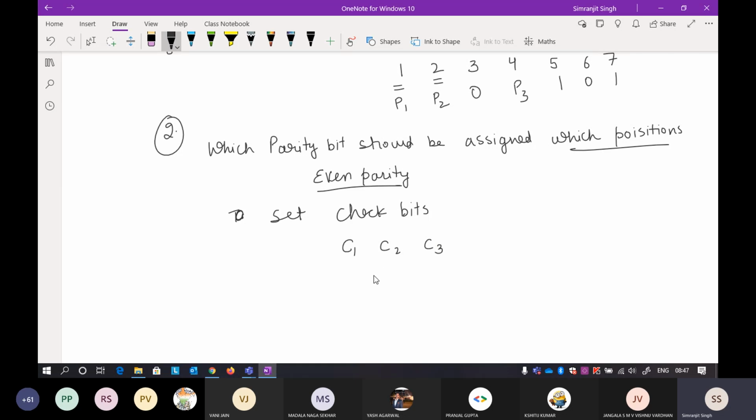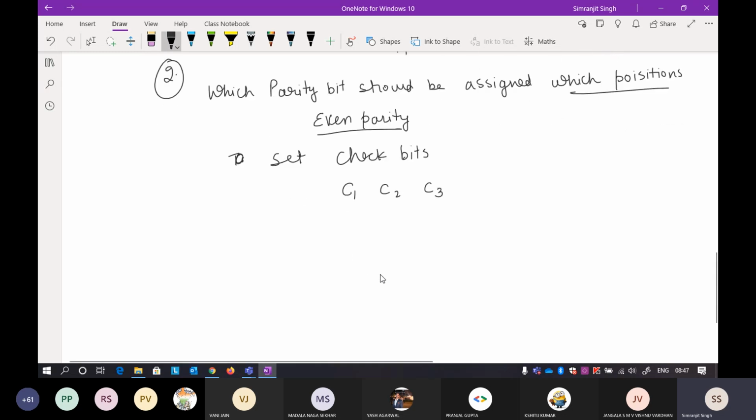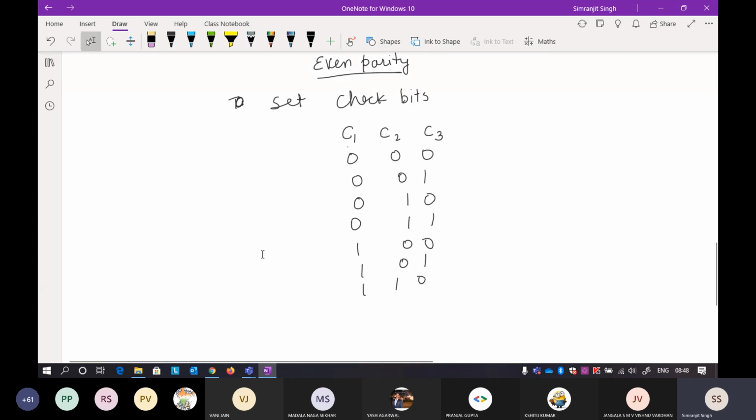Since there are three parity bits, there are a total of 8 possibilities: 0 0 0, 0 0 1, 0 1 0, 0 1 1, and so on, up to 4, 5, 6, and 7.